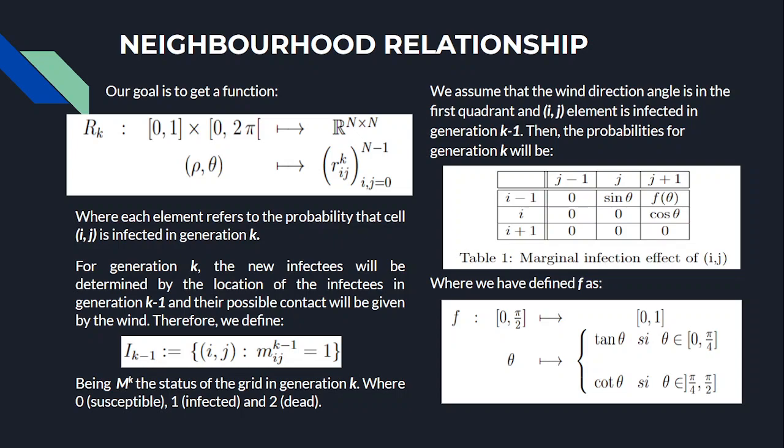In this sense, the spread of the phenomenon also depends on the location of those infected in the previous iteration, and therefore the set of infected elements will be very important for us in order to calculate this kind of matrix. In this study, we only consider that the infected elements spread the phenomenon.